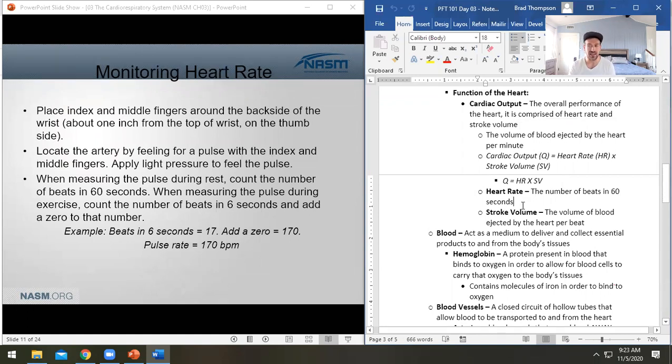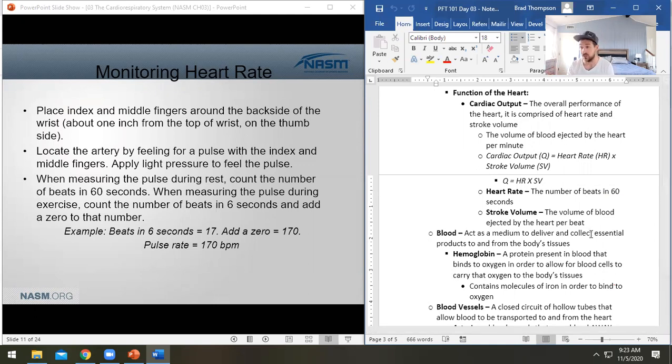Here's the thing. I want to know what your cardiac output is. As a personal trainer, I want to know what my client's cardiac output is. Unfortunately, we don't really have the ability to measure it directly, right? I can't hook you up to a machine in the gym to figure out what your stroke volume is, right? I can't measure how much blood is getting shot out of your heart every beat. I just don't have the equipment.